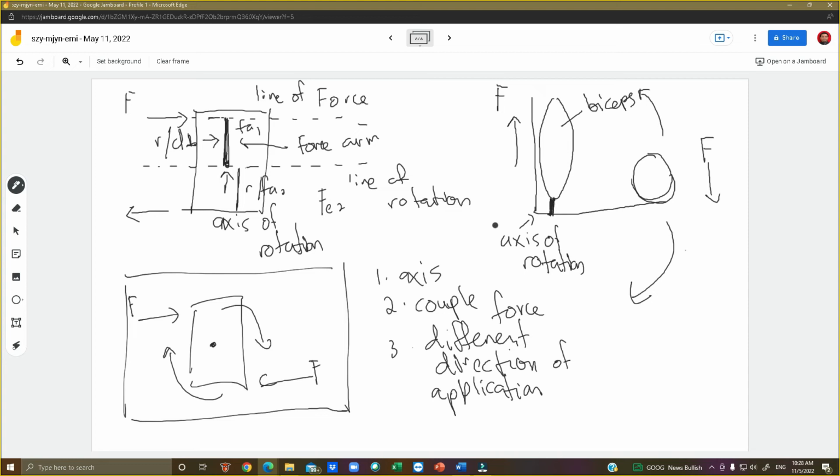Dekat lutut ada torque, we have torque dekat ankle, we have torque dekat leher, all those joints causing torque. Kalau dekat wrist pun ada torque juga ke? Sama. All joints cause torque because when we move, we are subjected to gravity. At the same time, we have muscle force acting in different direction. So it causes torque, it causes rotation.